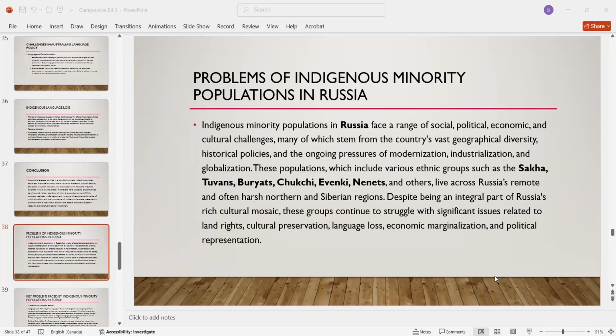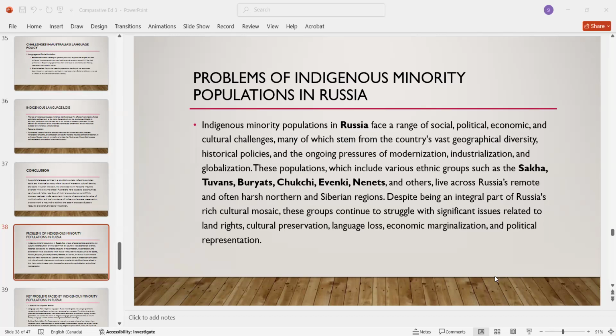Russia is also a multi-ethnic country. Indigenous minority populations in Russia face a range of social, political, economic, and cultural changes, many of which stem from the country's vast geographical diversity, historical policies, and the ongoing pressures of modernization, industrialization, and globalization.